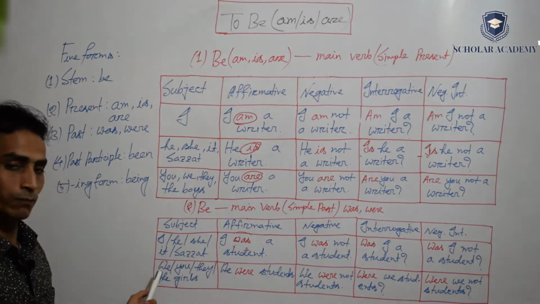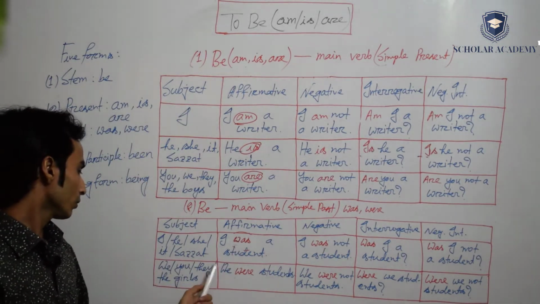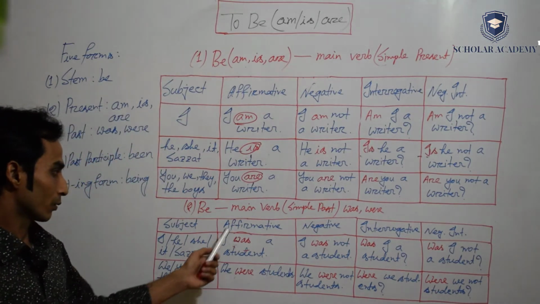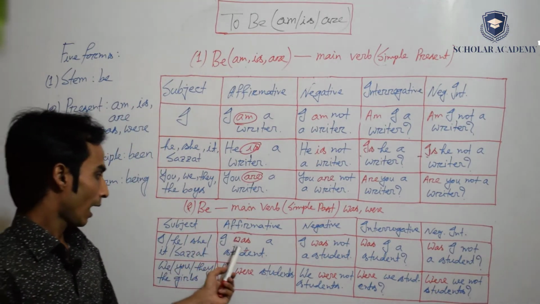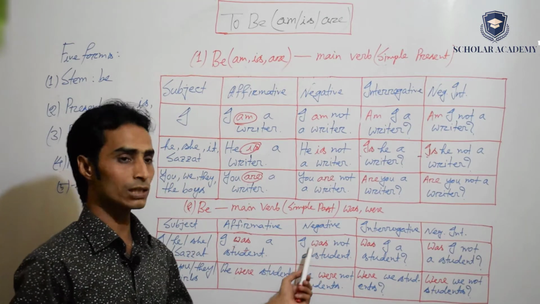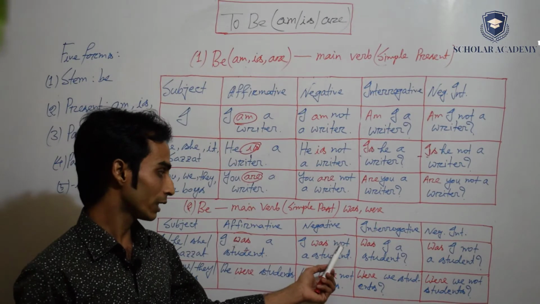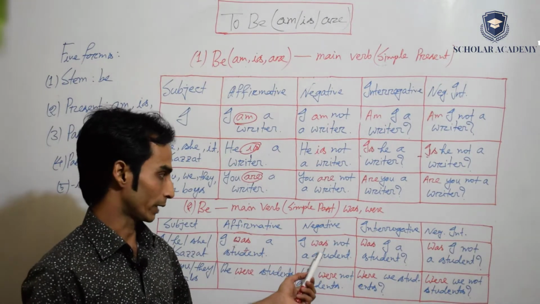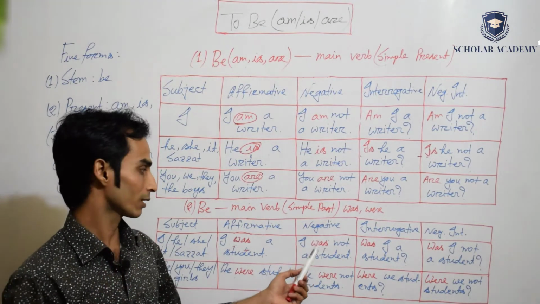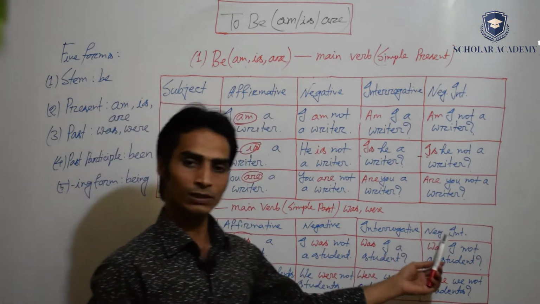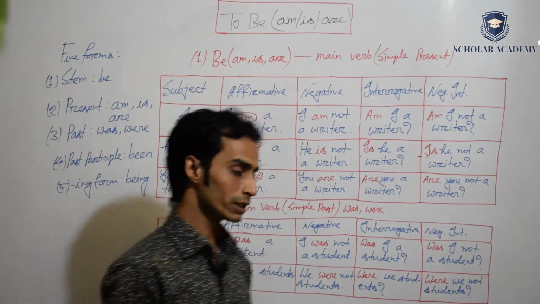And if the subject is plural, that means we, you, they, the girls, we will have to use were. Then the affirmative sentence will be I was a student, the negative sentence will be I was not a student. Already I have told that we add not after to be to make a negative sentence. The interrogative sentence will be was I a student, and the negative interrogative sentence will be was I not a student.